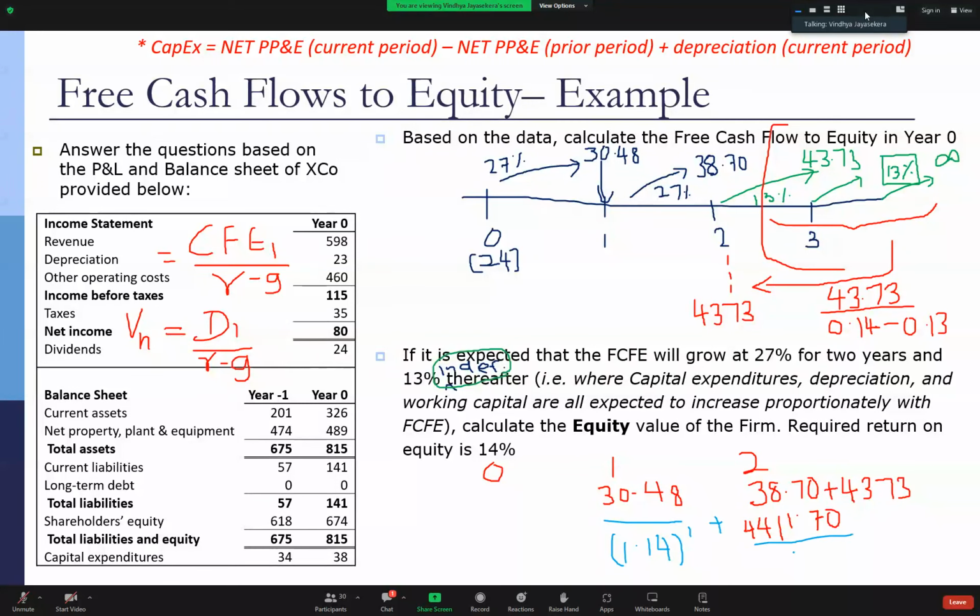The 4411 we discount at 14% for 2 years, to come up with the value of my equity in year 0. Which is it, 3422.24? Is that right?